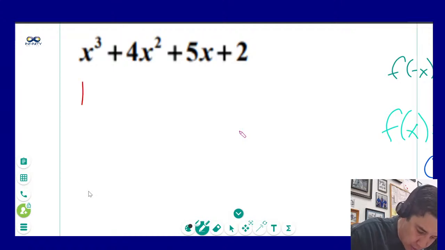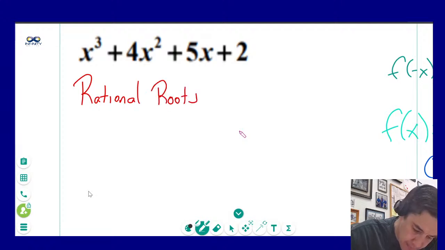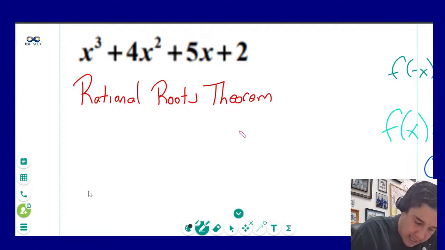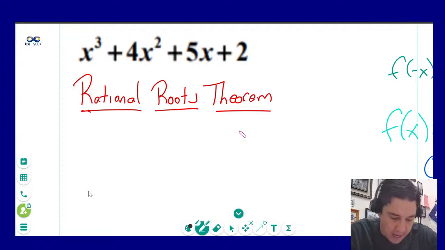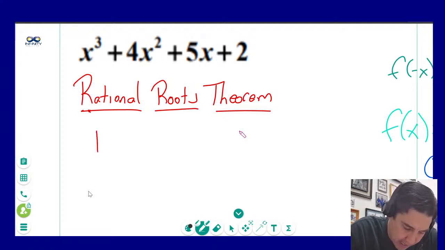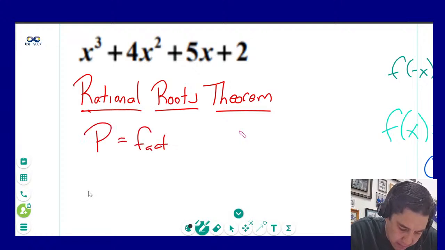The rational roots theorem states, hypothetically speaking, let's say we'll let P equal all the factors of the constant.